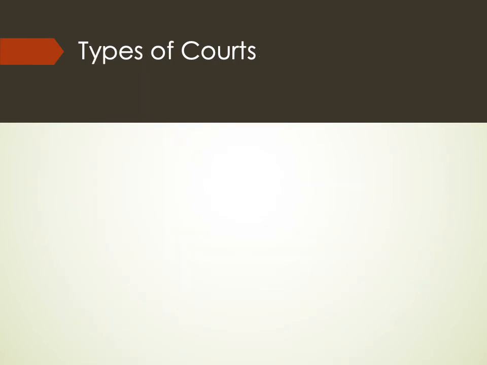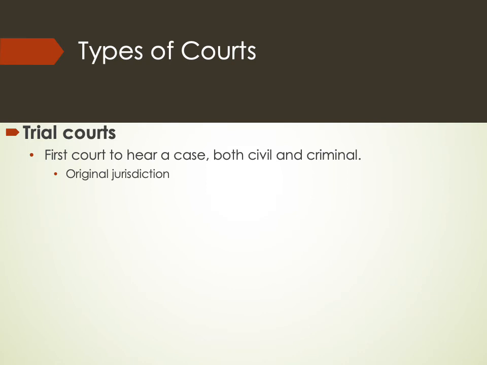Okay, in this chapter, you're going to be learning about different types of courts, and we'll be talking about different types of courts throughout the course of this semester. One type of court that you'll be learning about, and we're going to take a look at the graph in your textbook in one moment, is what's known as trial courts, okay? A trial court is basically the first court to hear a case.